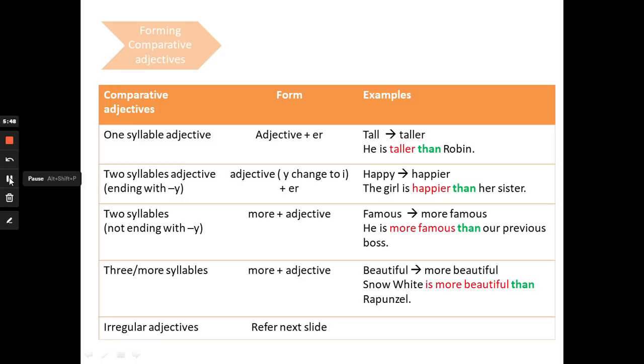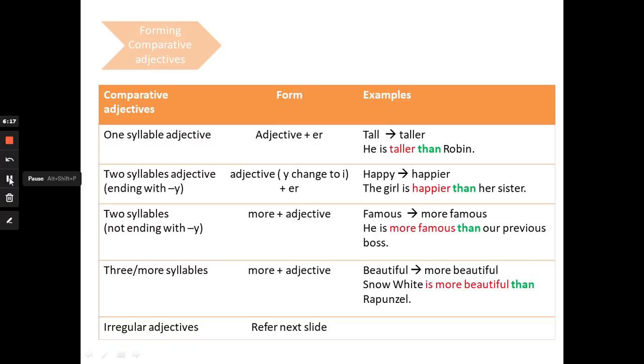If you have two syllables which do not end with y, in this case you have famous, the form is more plus the adjective, right? In this case, famous changes to more famous. So you say he is more famous than our previous boss. Then if you have three or more syllables, the same rule applies here.